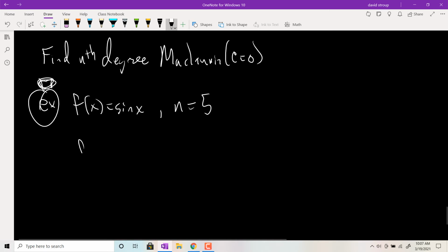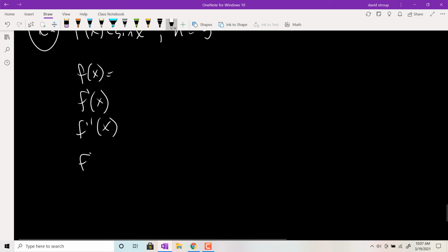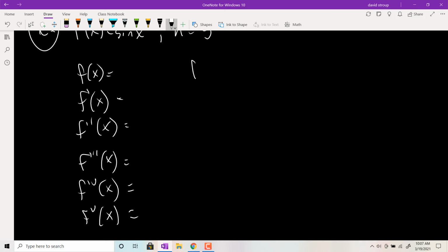So here we go. F of x, f prime of x, f double prime of x, and then evaluate them at 0.